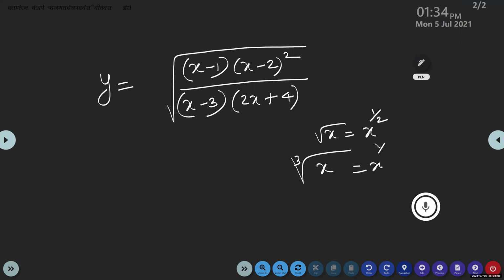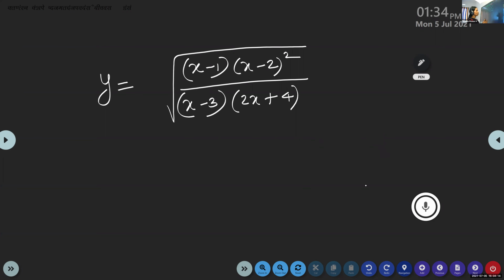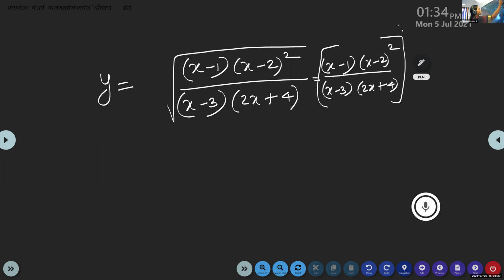If it is given 3 inside, it is cube root. Here if it is simply given root, it is square root. So we can write this function as (x minus 1)(x minus 2) the whole square by (x minus 3)(2x plus 4), whole raised to half.